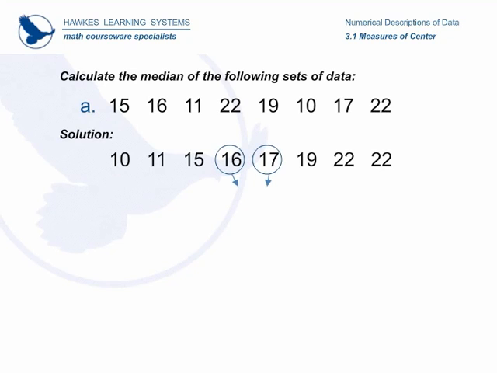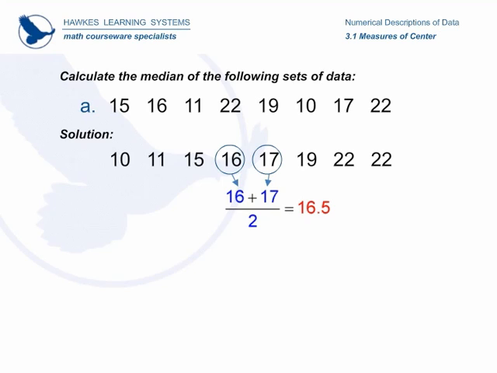So we first have to put this data set in order, and we'll put it in ascending order from the smallest value in the data set to the largest. As we take a look at this data set, we see that we have 1, 2, 3, 4, 5, 6, 7, 8. So we have an even number of data values.